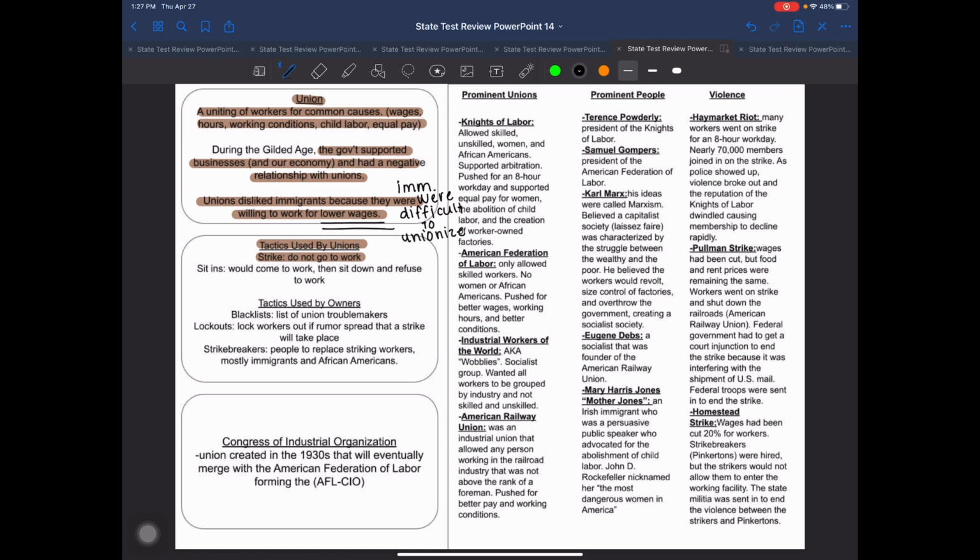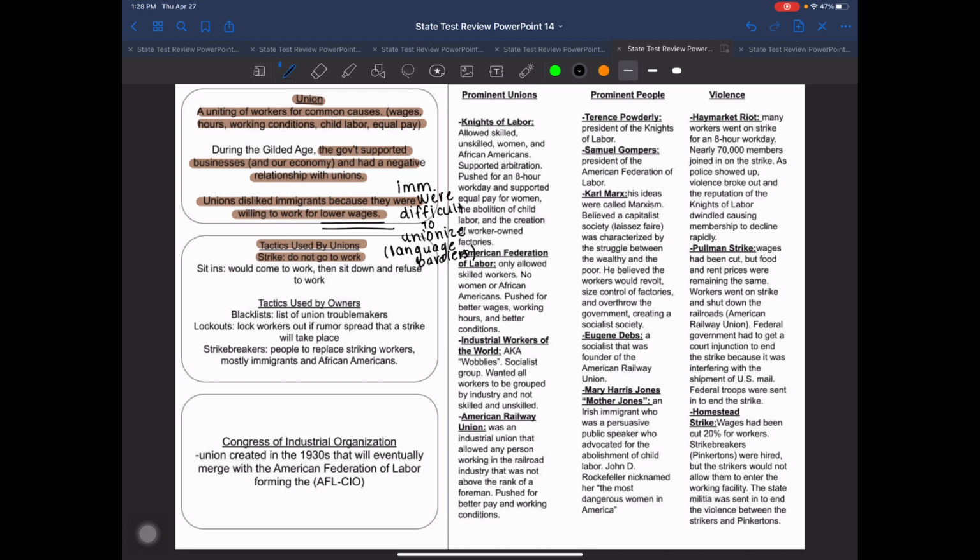And the biggest issue is going to be language barriers. So not only were a lot of these immigrants coming into the United States willing to work for these low wages, because where they came from was terrible, but even if they did want to fight for higher wages, they were nearly impossible to unionize because of all the language barriers.